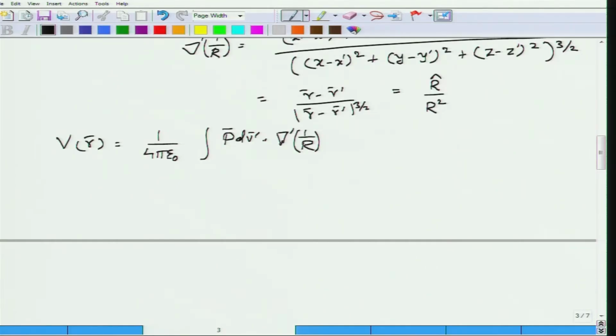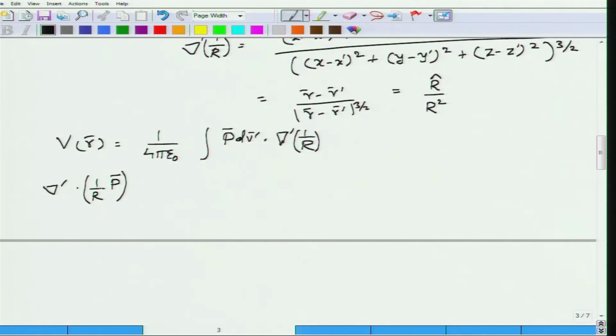Now we will be using another vector identity, and that vector identity is gradient prime of 1 by r into p. Okay. So, not the gradient, the divergence of this one. I am hoping that this is visible to you guys. So, this is the del operator with respect to the primed coordinates.